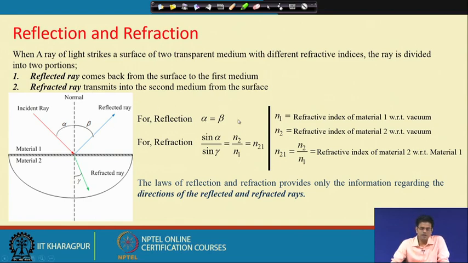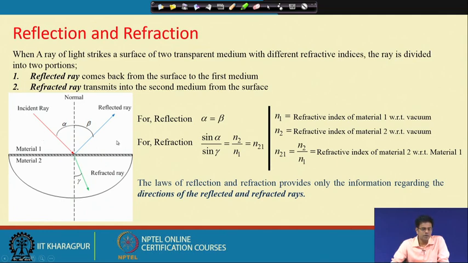So, for instance, reflection is when alpha and beta are the same in this picture. This is an interface. This is material 1 and this is material 2. When an incident ray comes, it is reflected.